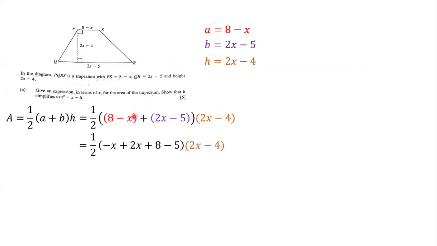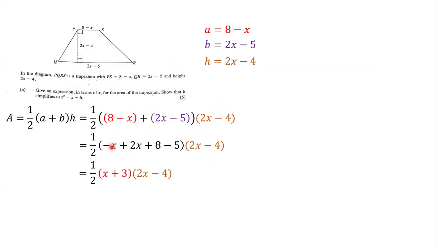We're going to group all of the like terms. So we have negative X, and we combine it with 2X. And we bring all the numbers together, so we have 8 and negative 5, so 8 minus 5. And we multiply that by H, which in this case is 2X minus 4.